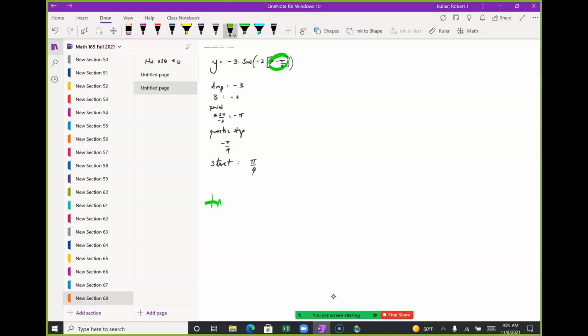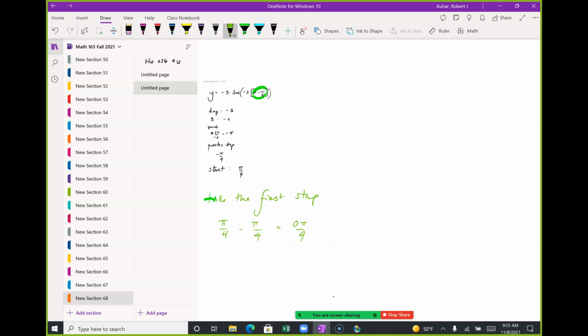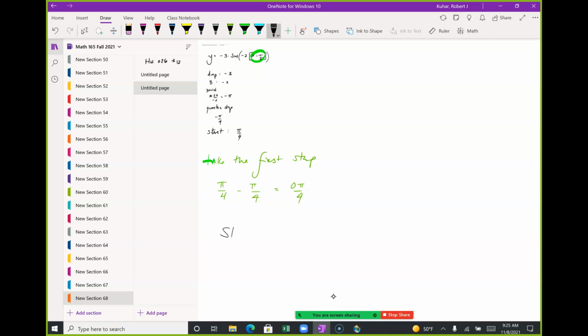So I'm starting at pi over 4, and then I want to take the first step, right? So what am I going to do? I'm going to take my start and add the quarter step. So I go to 0 pi over 4. All right, that's kind of easy, right? Because I can see my start and steps come from pi over 4 to 0 pi over 4 to minus 1 pi over 4, minus 2 pi over 4, minus 3 pi over 4.